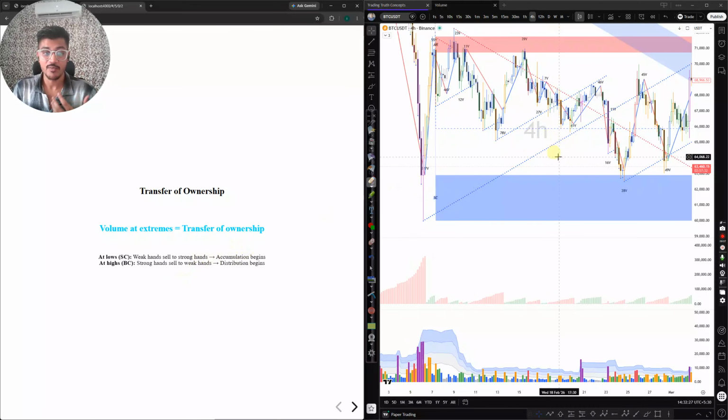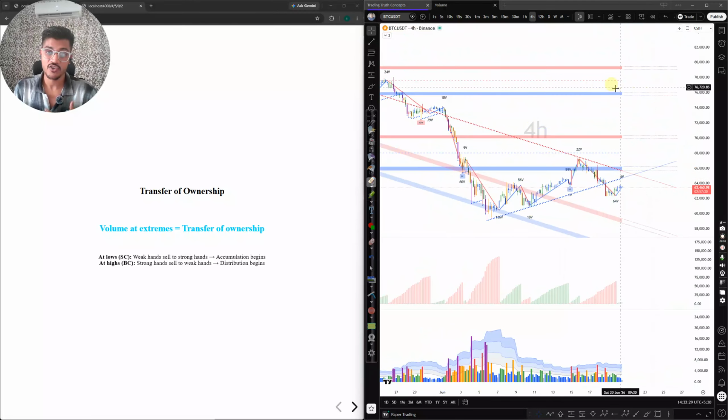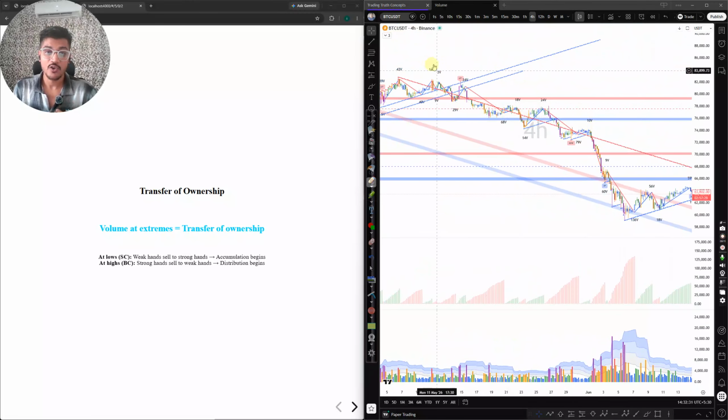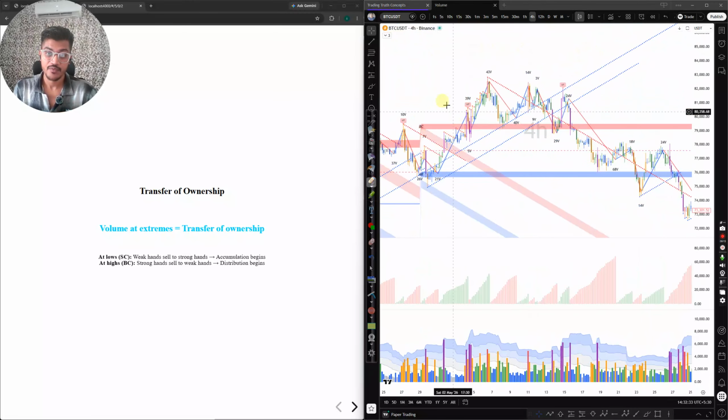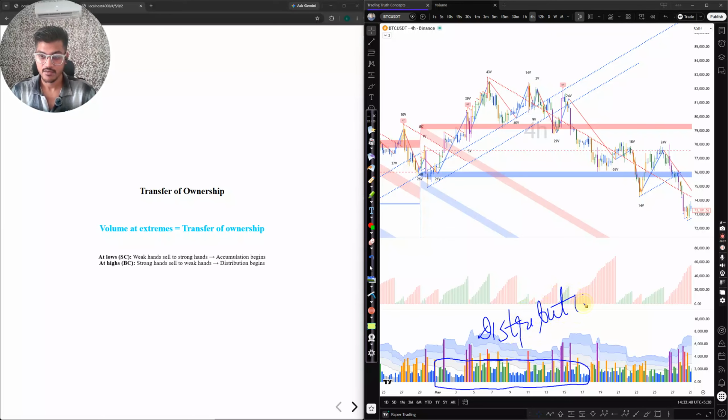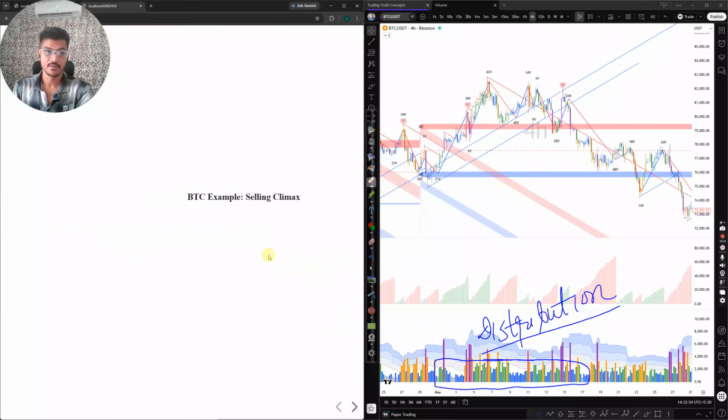And at highs on the buying climax, what we see is strong hands sell to weak hands. That's why we see moderate to high volume on distribution. And that is where distribution begins.